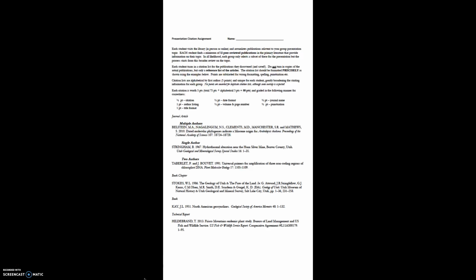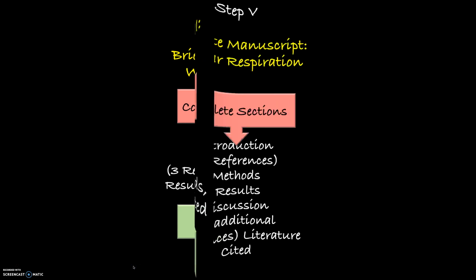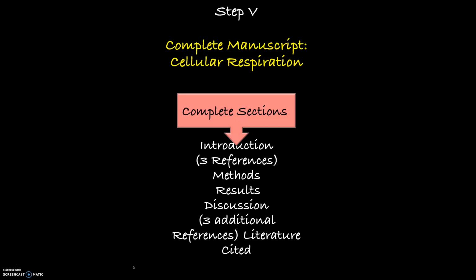Student learning grows with the next layer of the scaffold, a manuscript that includes another complete section in addition to a works cited or reference section. And finally, the last manuscript has all sections completed and includes a total of 6 references.